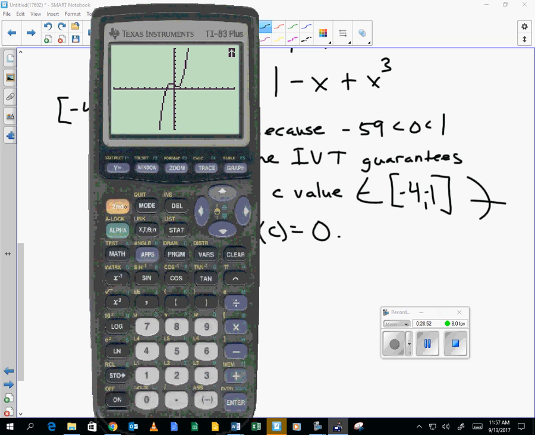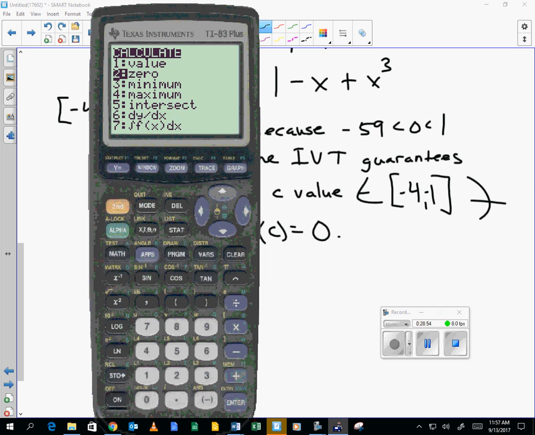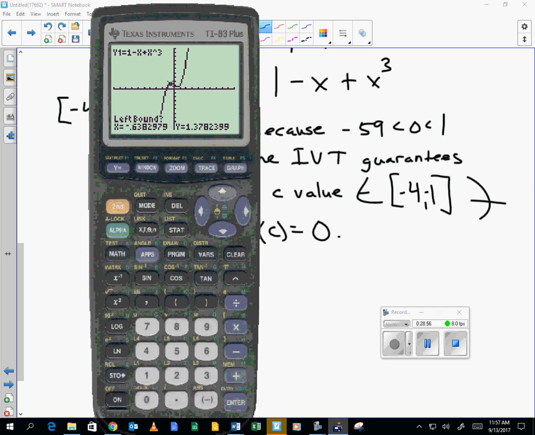Yeah. In fact, if I calculate the 0, you can see, yeah, negative 1.324718 is exactly 1 more than its cube.